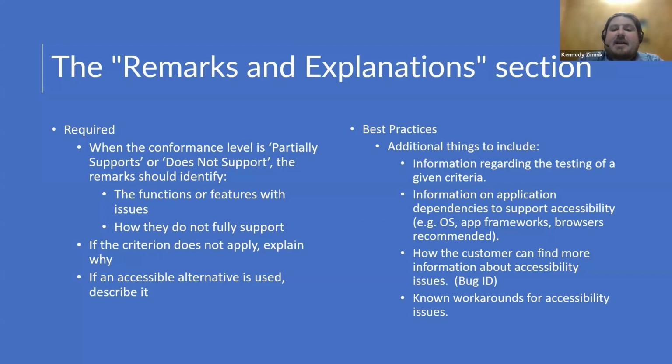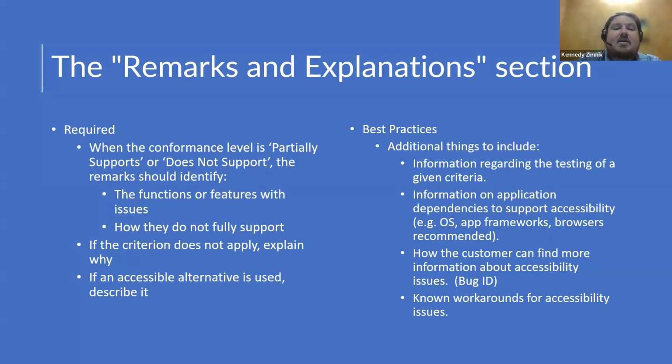Okay, the remarks and explanation section. This is required, and then we have some best practices. When a conformance level is partially supports or does not support, the remark should identify the functions or features with issues and how they do not fully support.